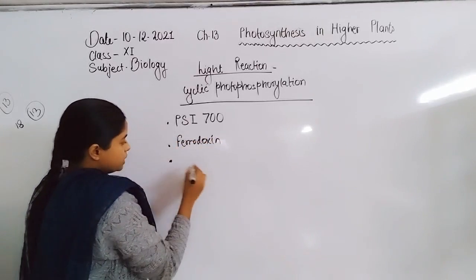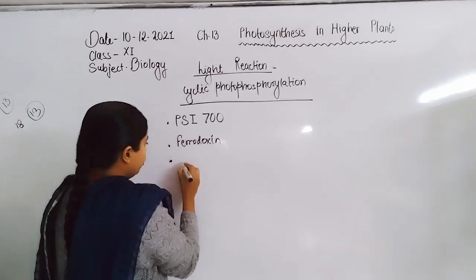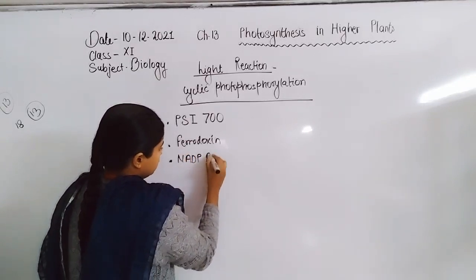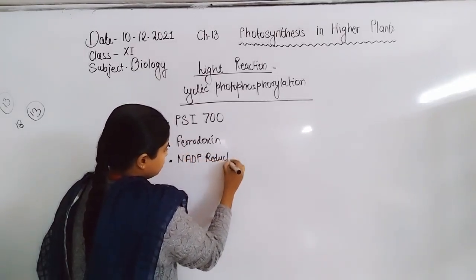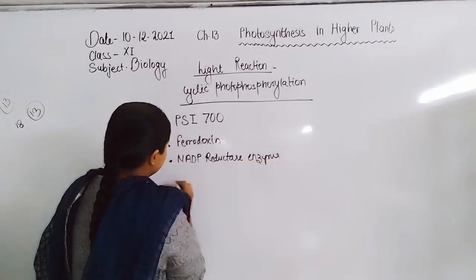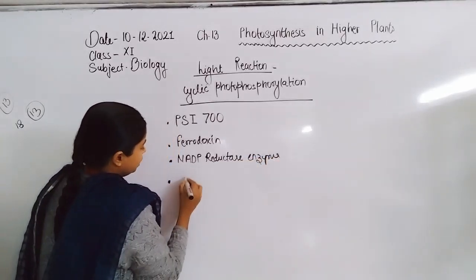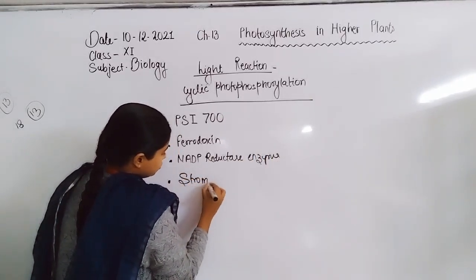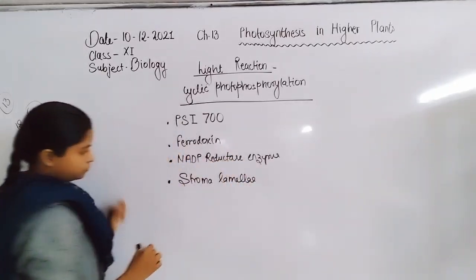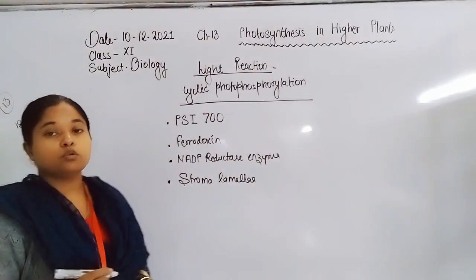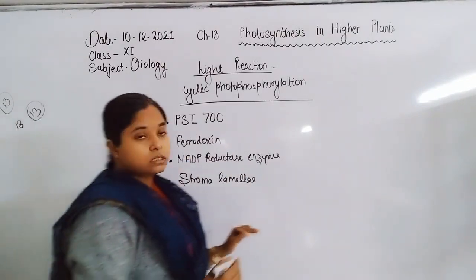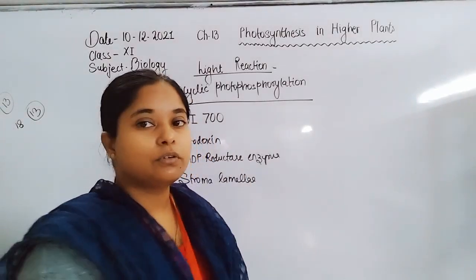Here there is absence of the NADP reductase enzyme, and it takes place in stroma lamellae only. So now let us discuss cyclic photophosphorylation.